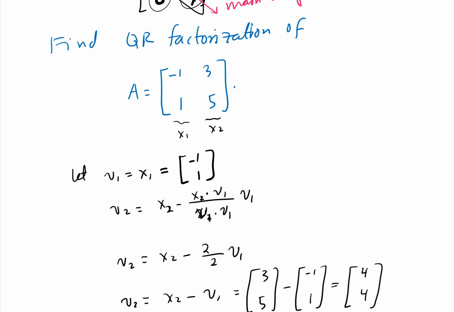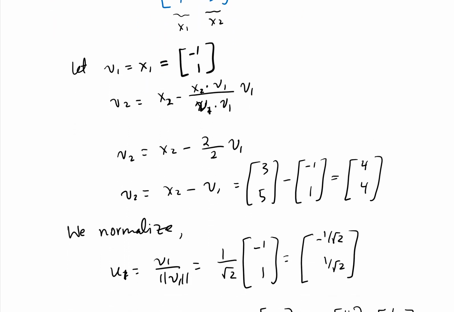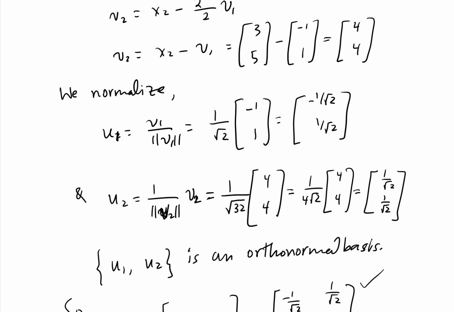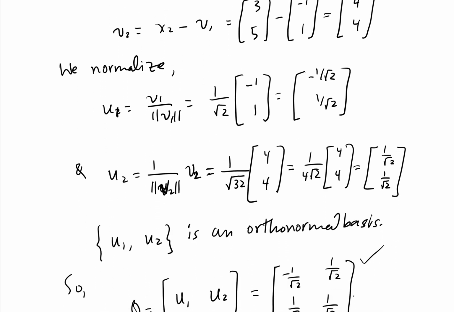As you can see in this example, how you find Q and R: we take x1, x2 as the column vectors of A. Using the Gram-Schmidt process, we let v1 always equal x1, and then we used x2 to find v2, and after we found v1, v2, we normalized them, and that gave us an orthonormal basis.